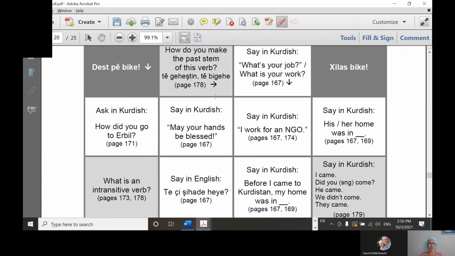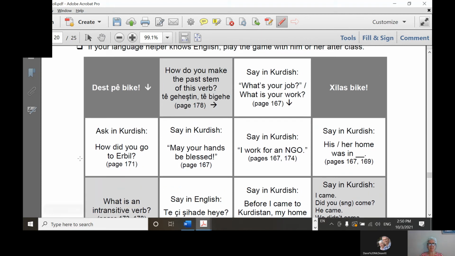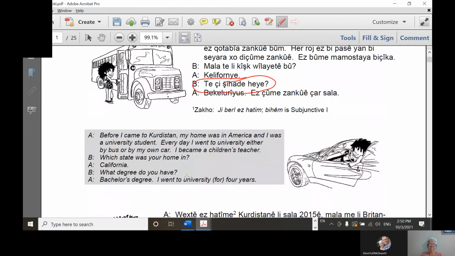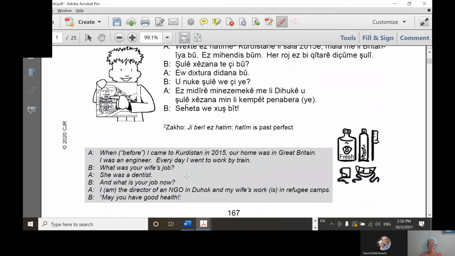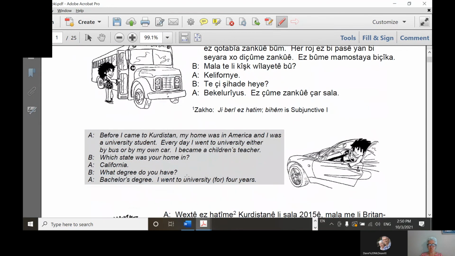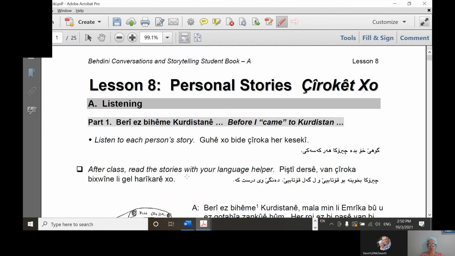All right, say in Kurdish, may your hands be blessed. 167. Sahbin, let's see where it is.